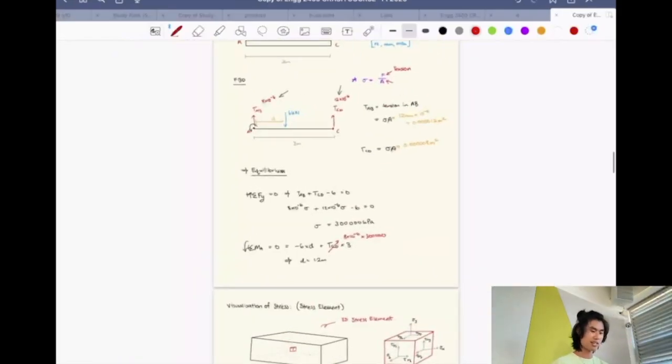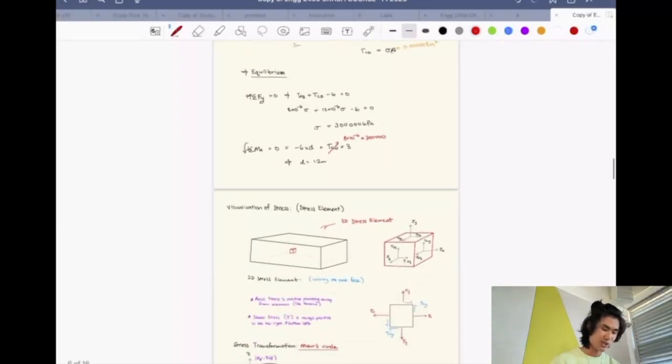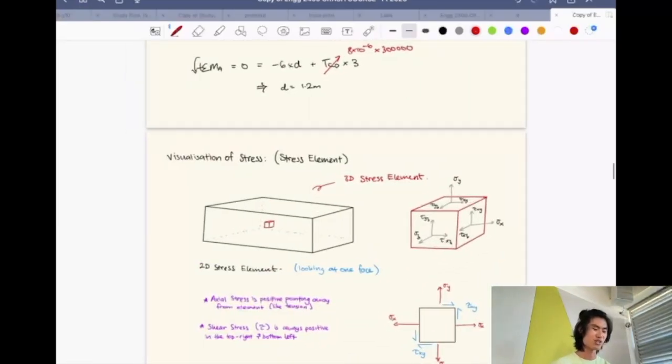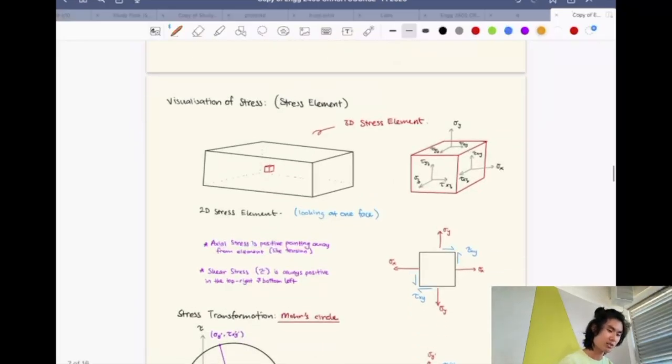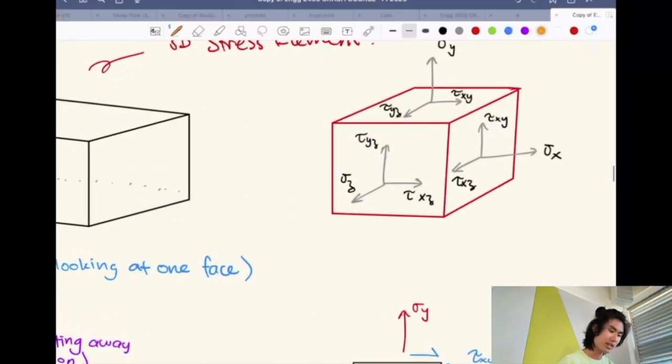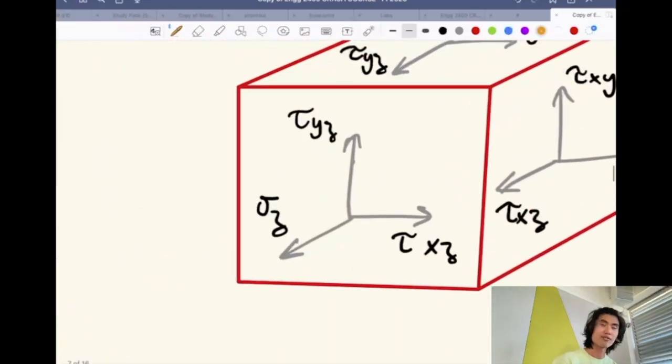Now let's look at what stress actually kind of is. This is called the stress element. This is called a 3D stress element. Basically, if you're looking at this plane, let's look at this front plane first, right? Then you have a shear element. So this is a shear stress. This is along the face of the cube.